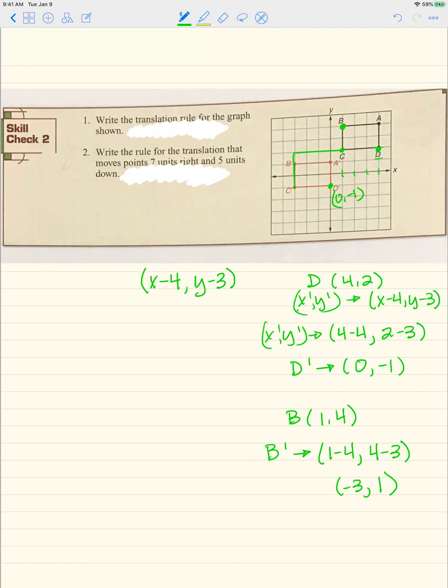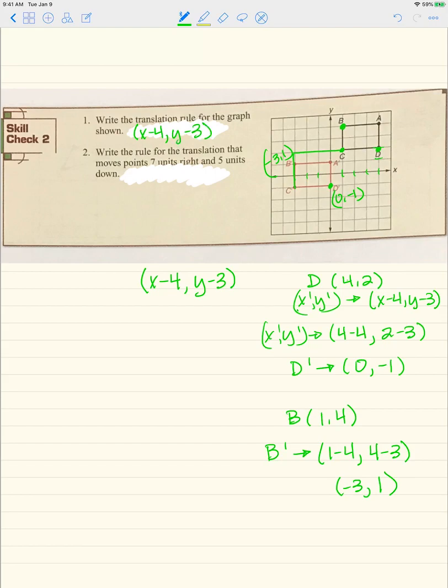Let's find B prime on our graph. B prime is at -3, 1, so B prime is exactly where it should be based on our rule. So our translation rule for the graph is x minus 4, y minus 3.